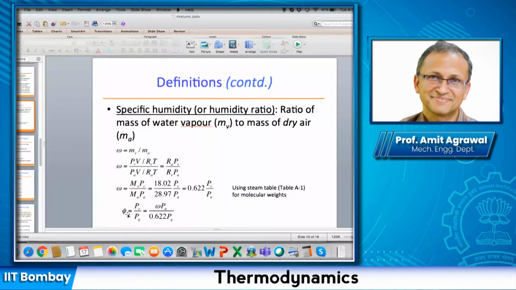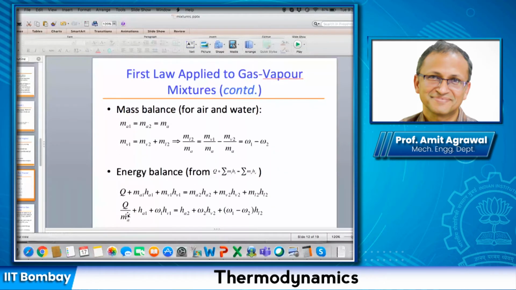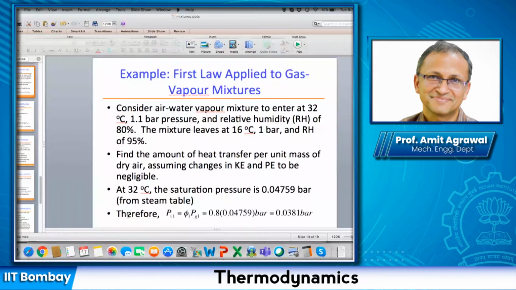We saw this when we were doing an example where air comes in at 32 degrees Celsius, 1.1 bar pressure, and a relative humidity of 80%. We went to 32 degrees Celsius and looked at the saturation pressure, which turned out to be this number.